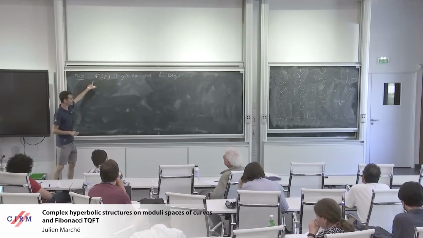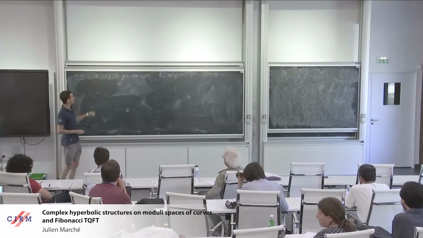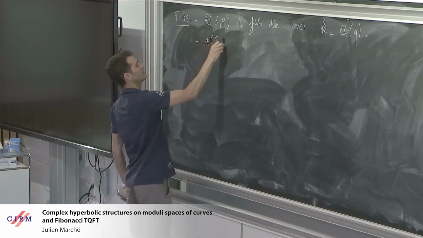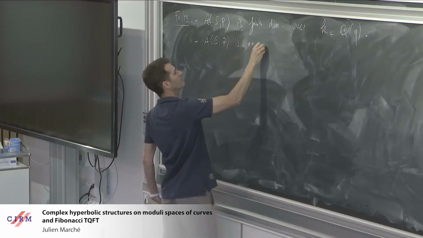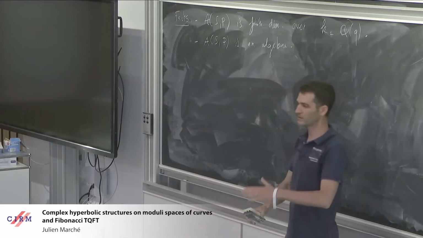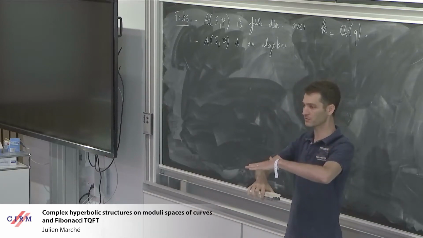This is easy to prove, this one. Something which is easy to prove is that A of SP is an algebra. And this is easy because you can just put one graph over the others using the crossings.